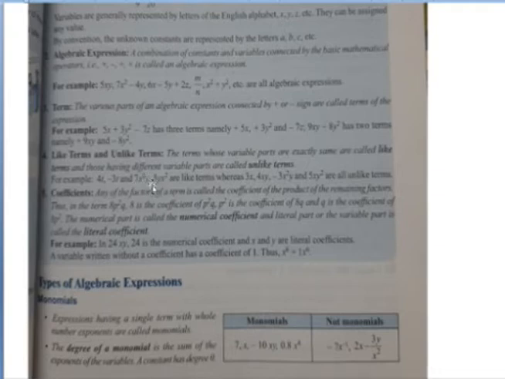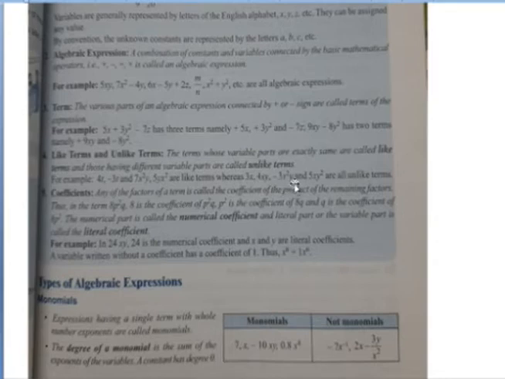So these are similar terms because the degrees of these variables and these variables are the same. So these are like terms. But in unlike terms, degrees of variables will be different. Like here 3x and here 4xy. So here variables are xy and here the variable is only x. So these are unlike terms.